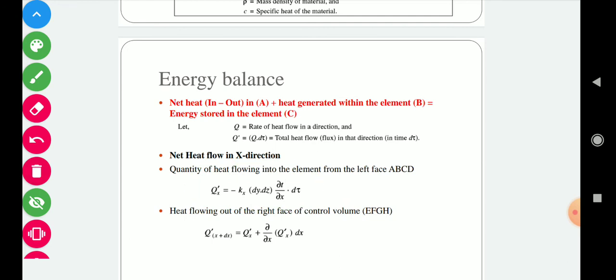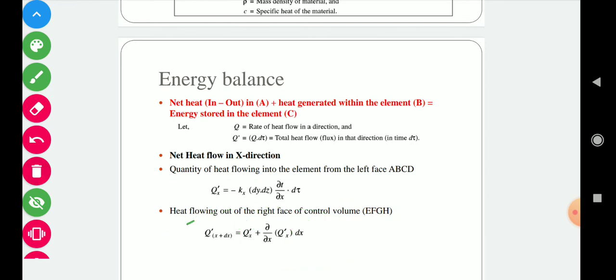Similarly, the total amount of heat flowing out of the right face of the control volume will be equal to this amount of heat in plus again this del q x by del x, which will give you rate of heat gradient, and if we multiply it by total distance, that is dx, then it will give you total amount of heat change as we move from entrance to exit point.